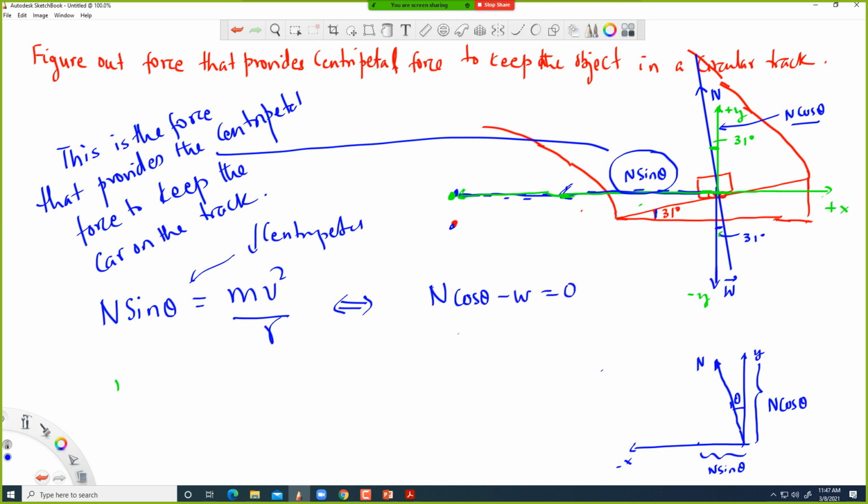So that means n cosine theta is equal to w. So we have two equations, and out of those two equations you have to find maximum speed. We want to find this, okay, speed.